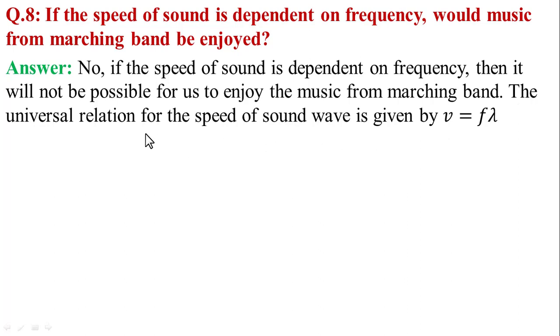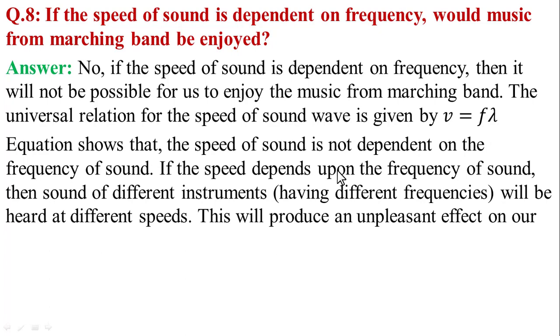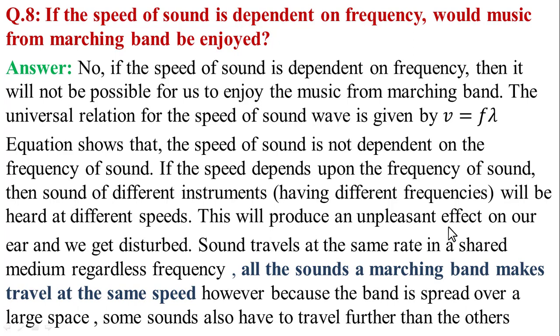The universal relation for the speed of a sound wave is given by v equals f lambda. This equation shows that the speed of sound does not depend on the frequency of sound. If the speed did depend upon frequency, then the sound of different instruments having different frequencies would be heard at different speeds. This would produce an unpleasant effect on our ears.